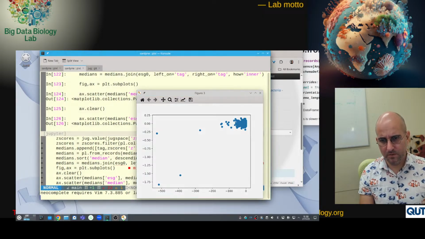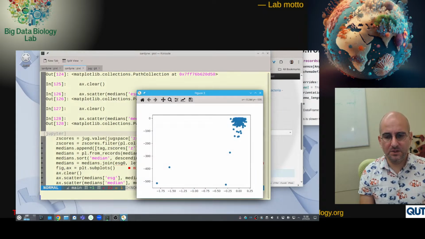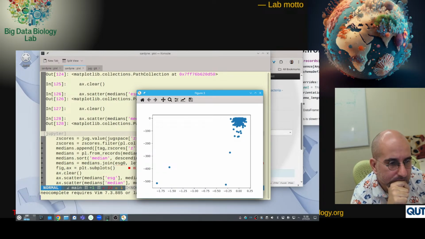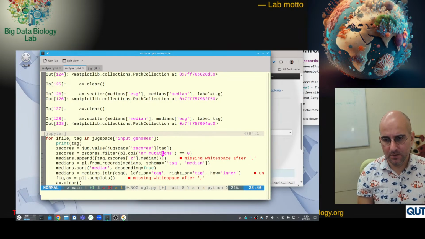No. So this is the median z-score. If it's below this value, minus 0.2, then I mean, the logic only works if this is, yeah, the problem is that, let's do, okay.